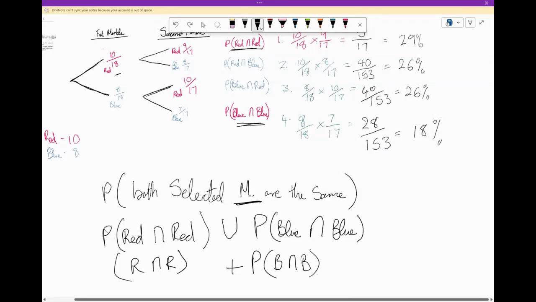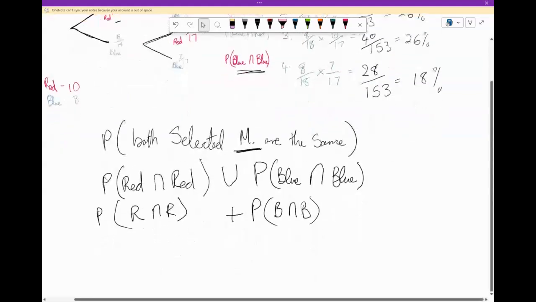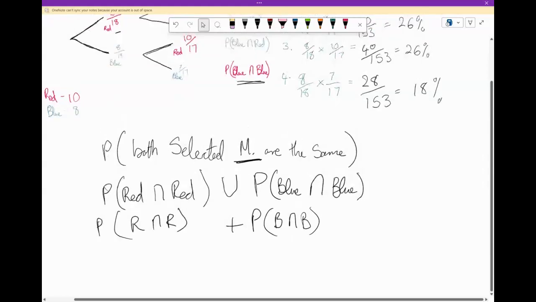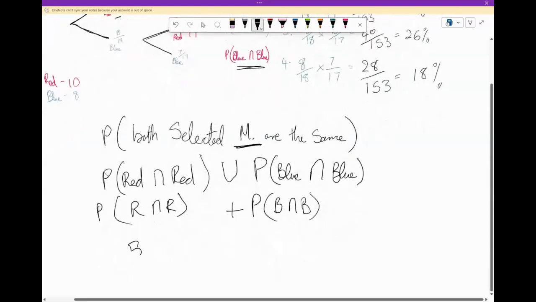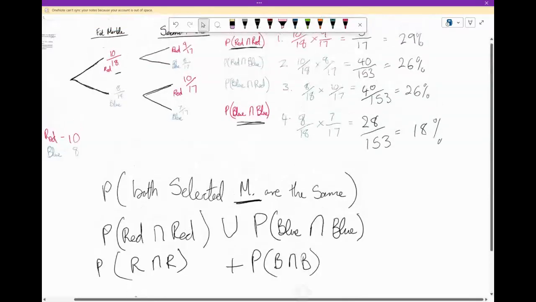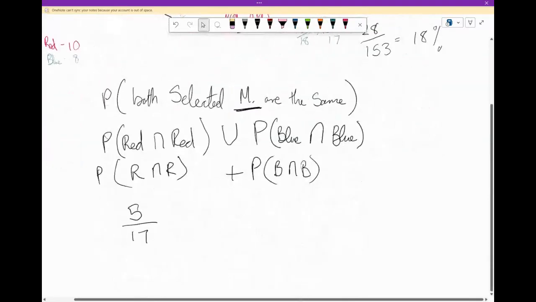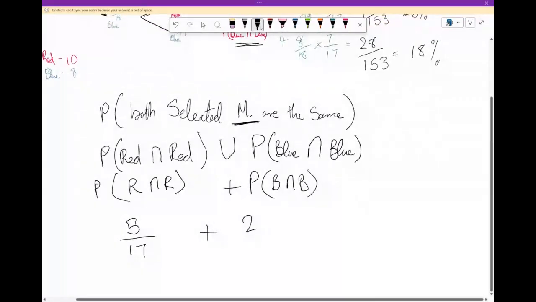Again, here all you need to do is look at our probabilities. If we check, we had 5 over 17 for red and red, plus 28 over 153.